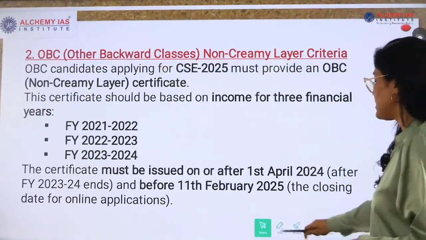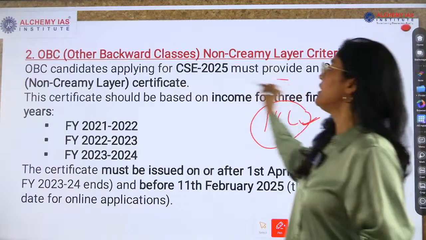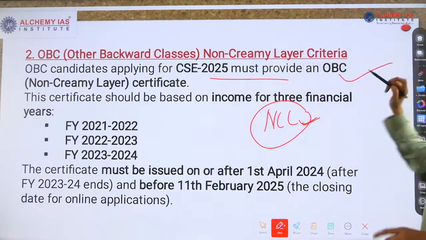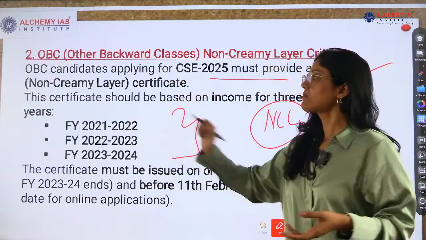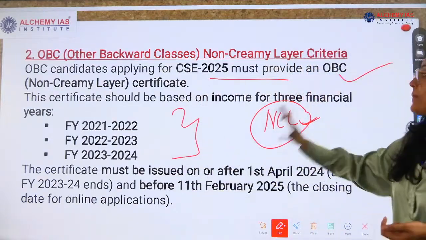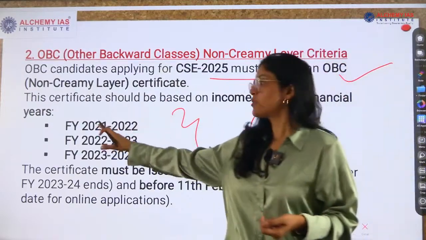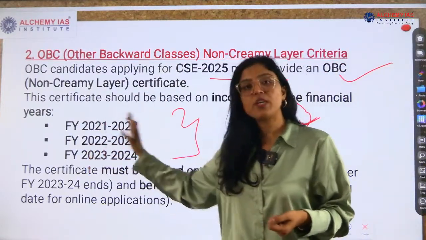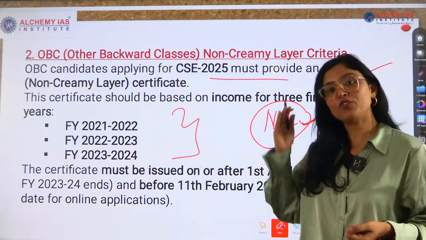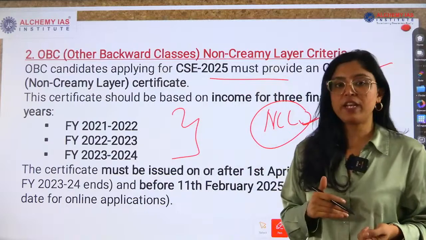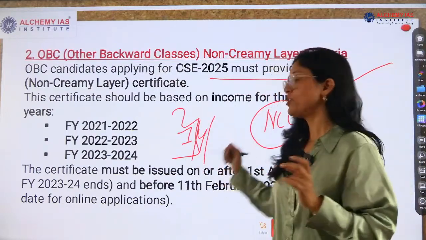What about OBC candidates now? NCL, non-creamy layer candidates, they can apply, and they must provide an OBC certificate, based on the income for 3 financial years. 3 financial years means 2021 to 22, 2022 to 23, 2023 to 2024, before the beginning of 2024-25 financial year, means before 1st of April 2024, right.